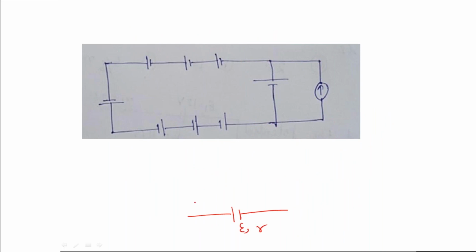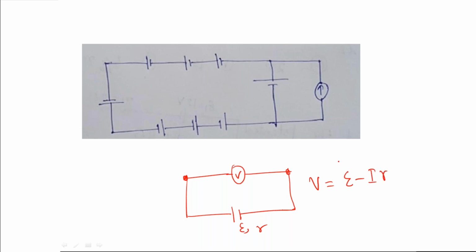So I have got the current. Whenever I have a cell, I know the EMF, I know the internal resistance, and suppose I have a voltmeter over here, with the external circuit. If you want to calculate the potential difference, or the voltage, in this voltmeter, what is the formula?